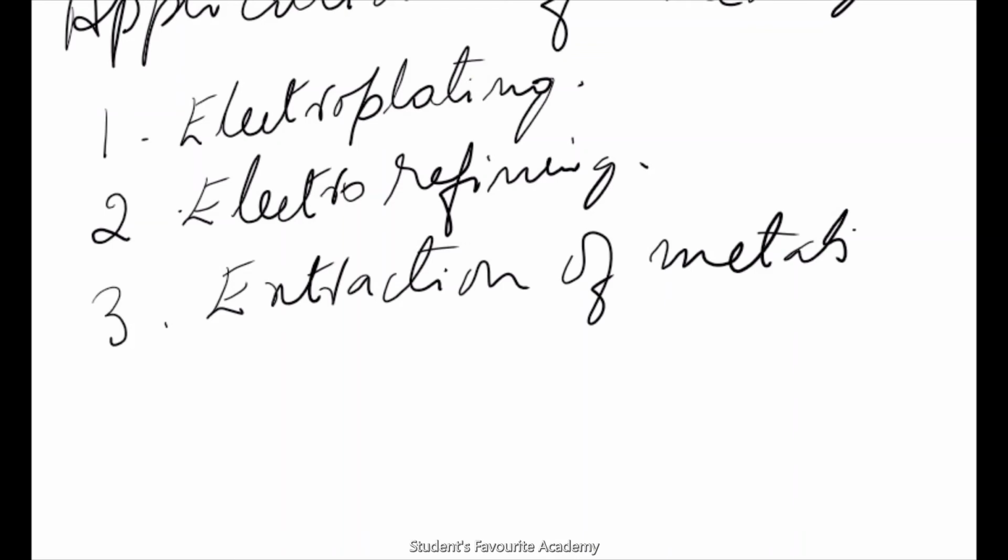So, it prevents the rusting. Not only that, even sometimes the copper articles or iron articles are electroplated with superior metals like silver, gold, platinum, etc. So, this electroplating is very useful industrially.